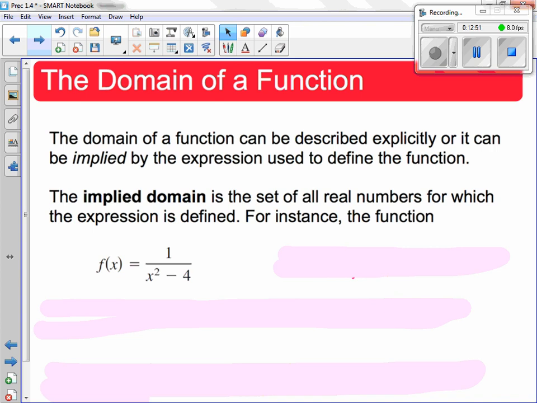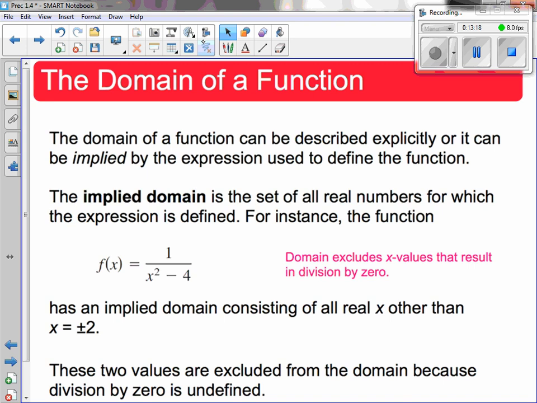Any positive even root, we cannot have a negative inside because we get an imaginary number. Yes? Because the square root of negative 1 is i. We can't have a negative inside of an even root. So if either one of these cases pop up, we will have restrictions on what can be the domain. Okay? So on some of these, like this one here, we might have restrictions on the domain.